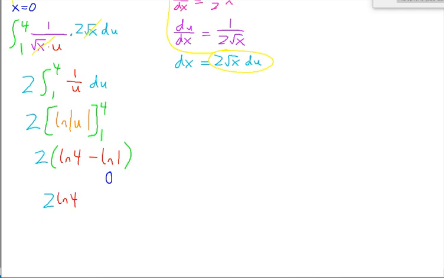That's pretty simple. Or you could also use the log properties, bring the 2 up to be the exponent of the 4. And you could also write it as natural log of 4 squared, which is natural log of 16, would also be correct either way. And that concludes the notes for AP Calculus on the topic of improper integrals with vertical asymptotes continued.